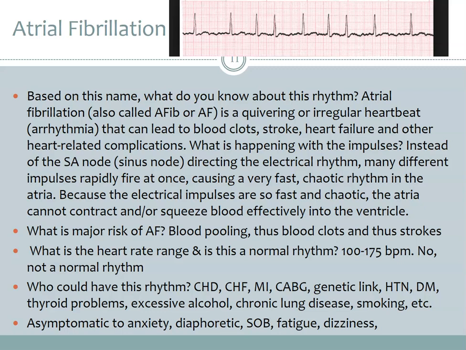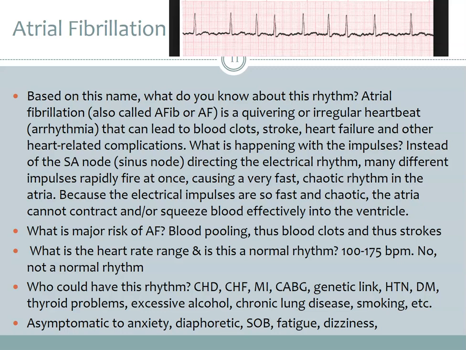We see this heart rhythm with patients who have had heart attacks, who have chronic heart failure, or chronic heart disease. Sometimes there's a genetic link for families to get atrial fibrillation. Some patients who have hypertension will get this underlying arrhythmia.